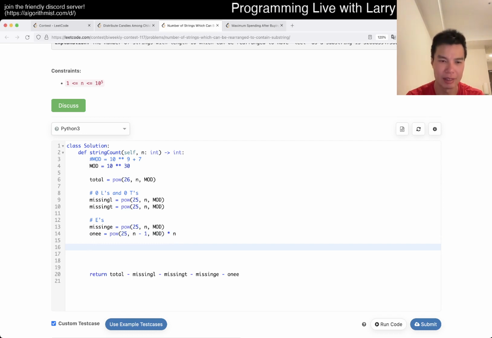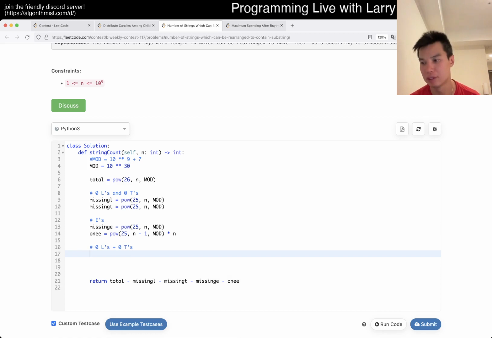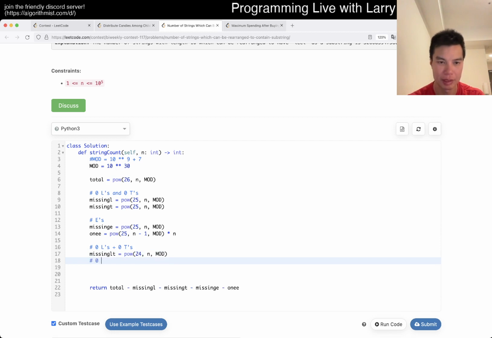And then now we have to add in the, so okay, this is going to be the painful part, right? So missing L and missing T. 0 L's plus 0 T's. So that means the things that are missing in both, so it's 24 to the n mod, right? 0 L's plus 0 E's.